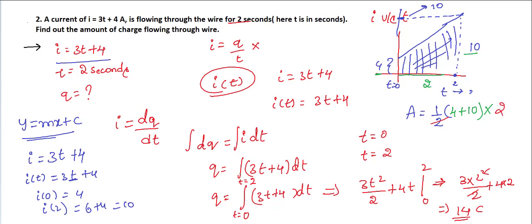This 2 and this 2 get cancelled, and you end up with A is equal to 14. So this just verifies our answer, that the amount of charge flowing through a cross section of the wire is 14 coulomb. Okay, thank you.